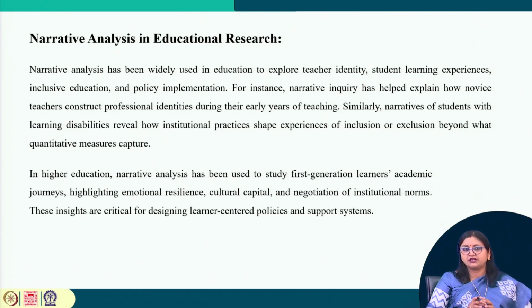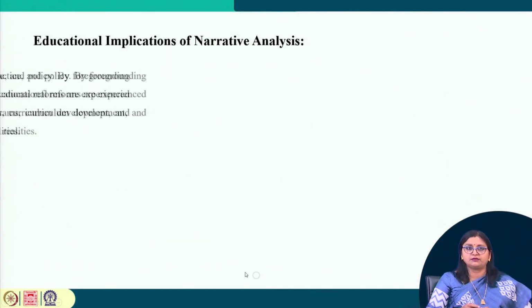In higher education, narrative analysis has been used to study first generation learners' academic journeys, highlighting emotional resilience, cultural capital and negotiation of institutional norms. These insights are critical for designing learner-centered policies and support systems in academics.